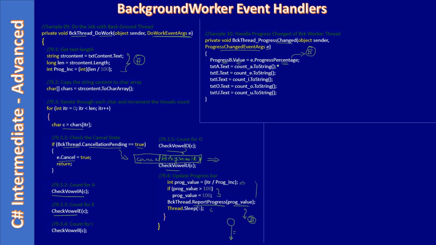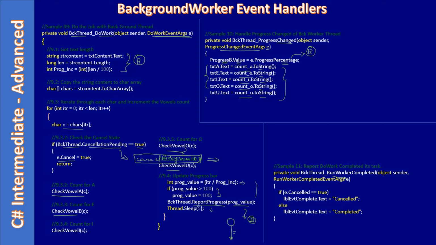After that, we are also writing the count, ToString, and we are setting it to the text component. When we go to the code, you will see how we are using the count update in the function.